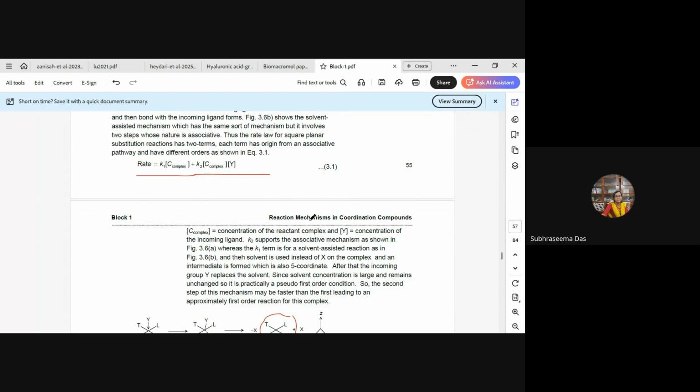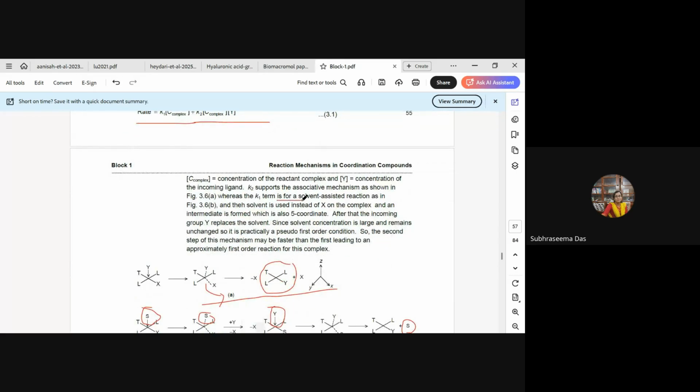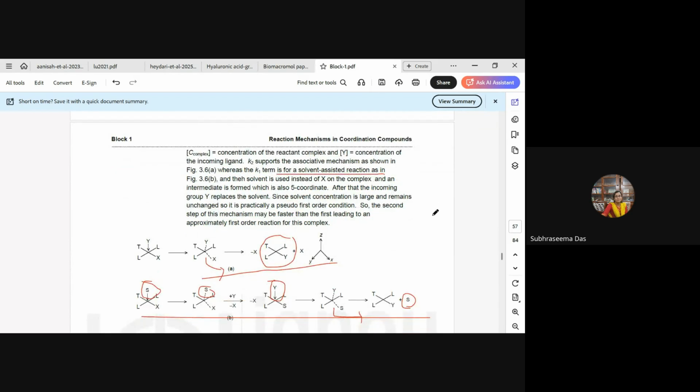So K2 supports the associative mechanism, whereas K1 is for the solvent assisted reaction, as shown in this case. So the incoming group Y replaces the solvent.